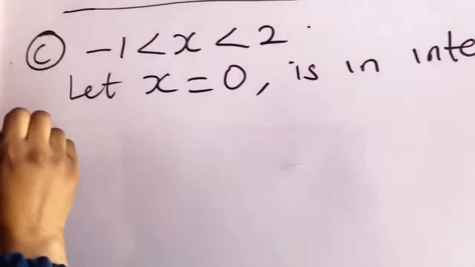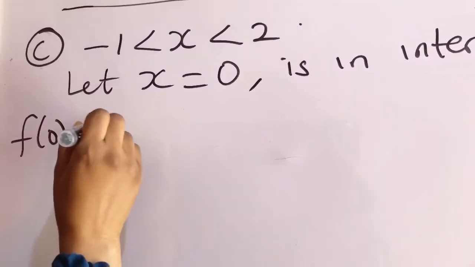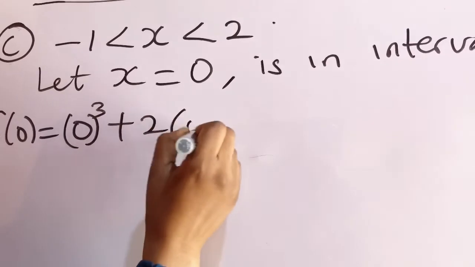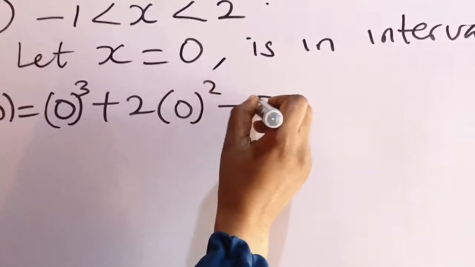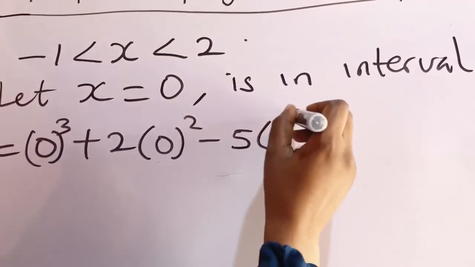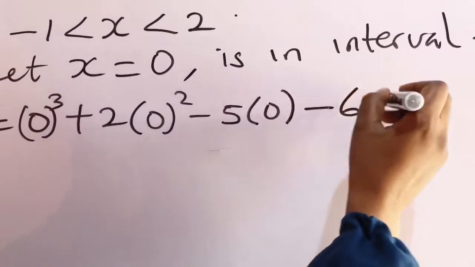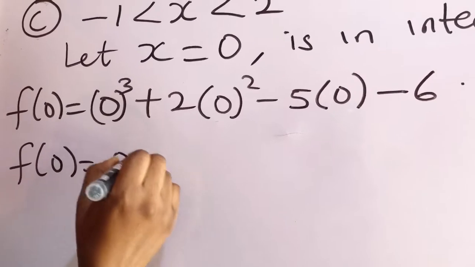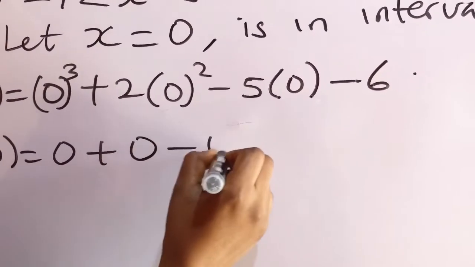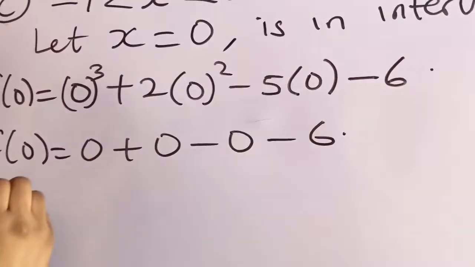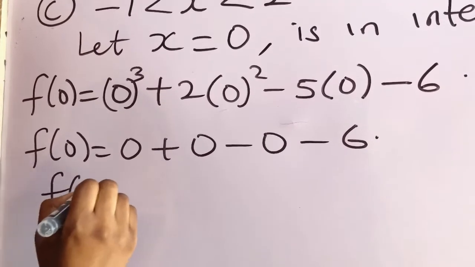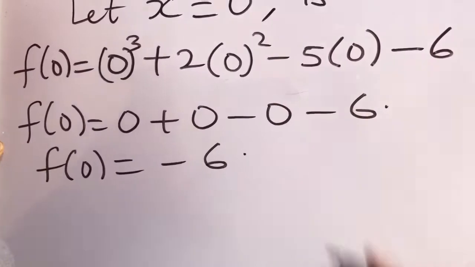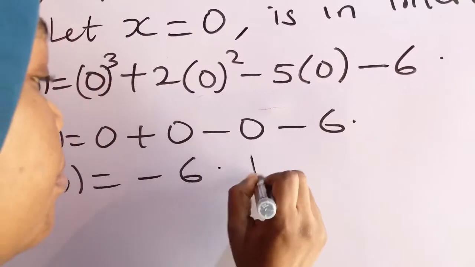So f of 0 will be equal to 0 cubed plus 2 multiplied by 0 squared minus 5 multiplied by 0 then minus 6. So f of 0 will be equal to 0 plus 0 minus 0 minus 6. So f of 0 will be equal to minus 6. And this one will be below the x-axis.